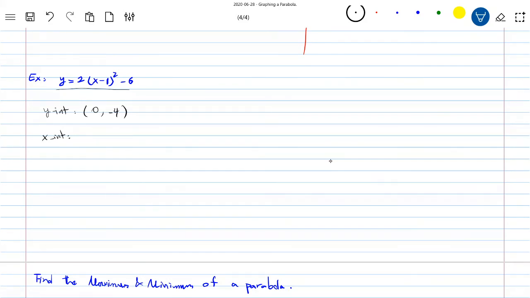How about the x-intercept? Same thing, you set the equation equal to 0. Replace y with 0. 2 times x minus 1 squared minus 6 equal to 0. What do you do? Add the 6 to the other side. 2 times x minus 1 squared equals 6. Divide both sides by 2. X minus 1 squared equals 3. Now take the square root from both sides.